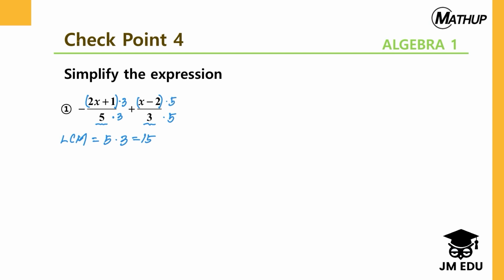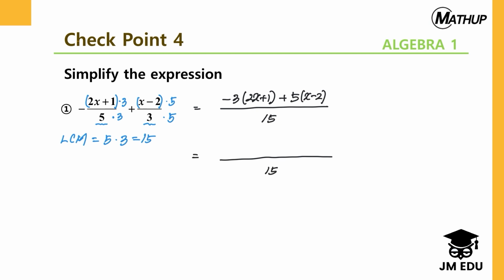So that is equal to, now the common denominator is 15, negative 3 times (2x plus 1) plus 5 times (x minus 2). So that is equal to, denominator is 15, negative 3 times 2x, that's negative 6x. Negative 3 times 1, that's negative 3.